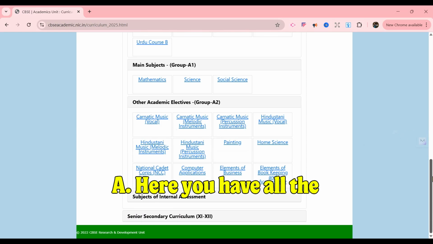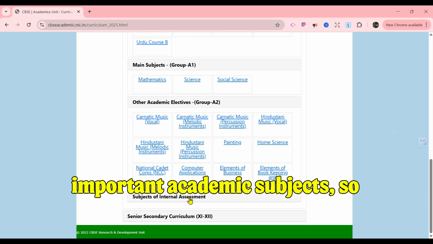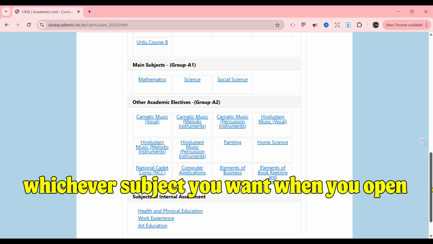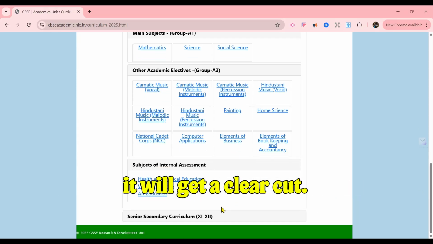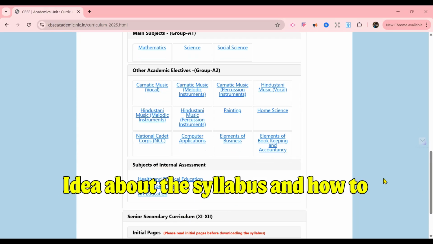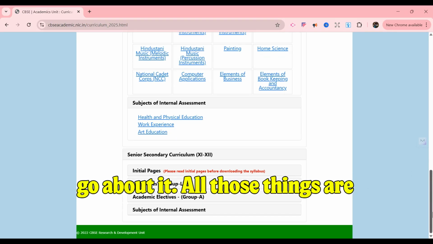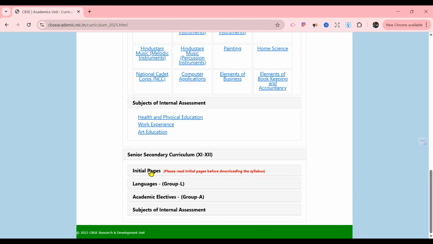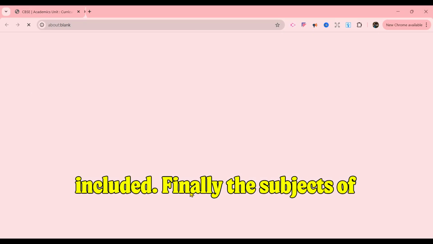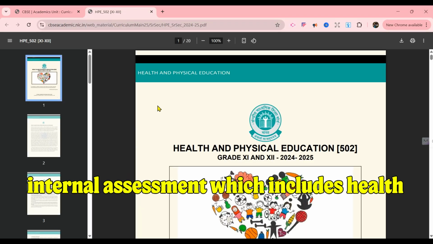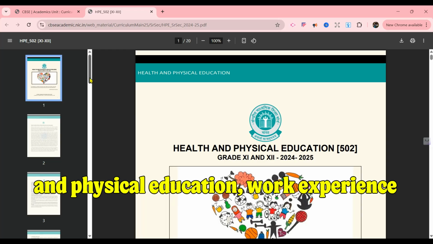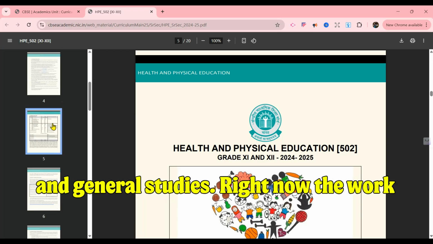Here you have all the important academic subjects. So whichever subject you want, when you open it, you'll get a clear cut idea about the syllabus and how to go about it. All those things are included. Finally, the subjects of internal assessment, which include health and physical education, work experience, and general studies.